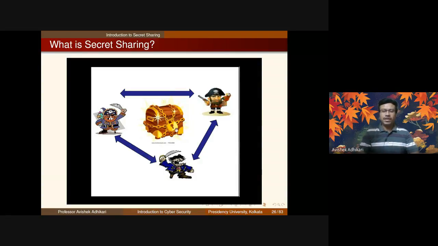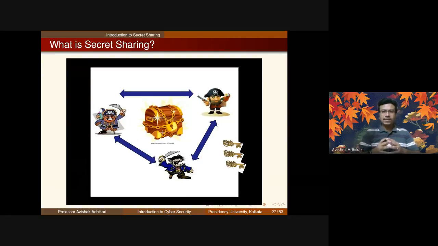For example, in the case of a digital lock, this could be a password. So they require a special kind of lock and key, such that if at least two of the three friends agree to open the lock, it can be opened.